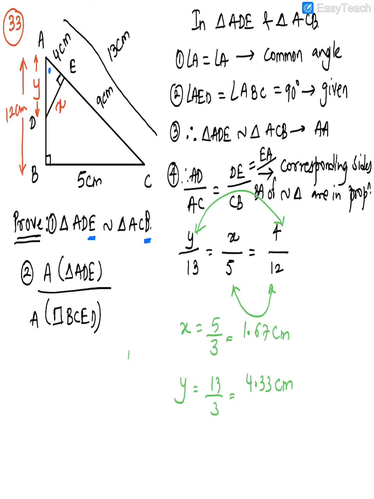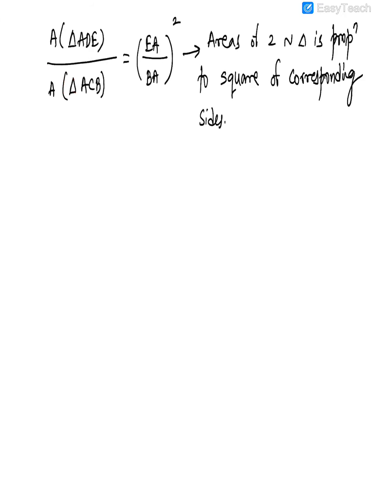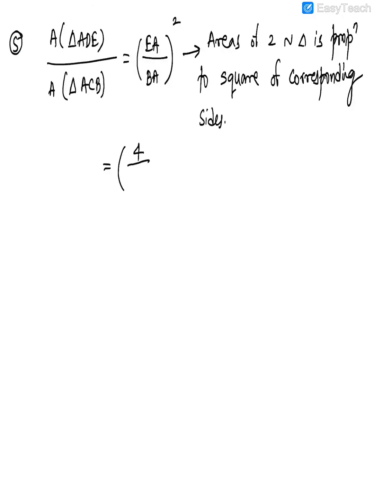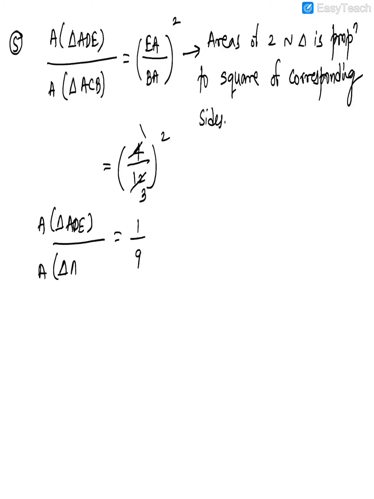We are asked to find area of triangle ADE upon area of quadrilateral BCED. Guys, now refer to the figure. So area of quadrilateral BCED, meaning which quadrilateral is BCED? Notice this properly. This is quadrilateral BCED, right? Here, this area. You need to find only this much part.